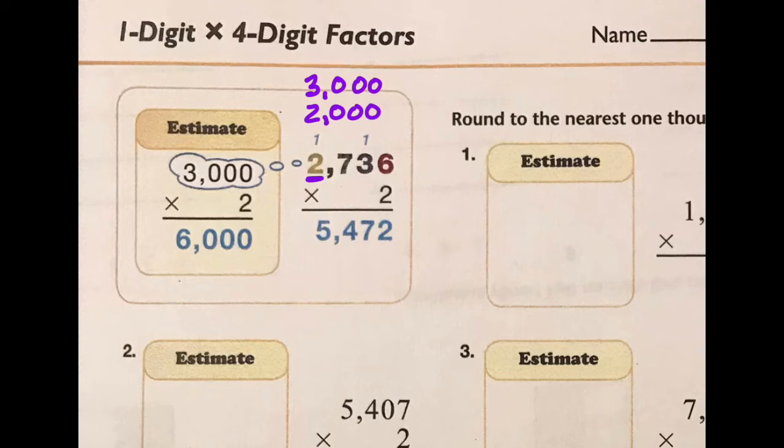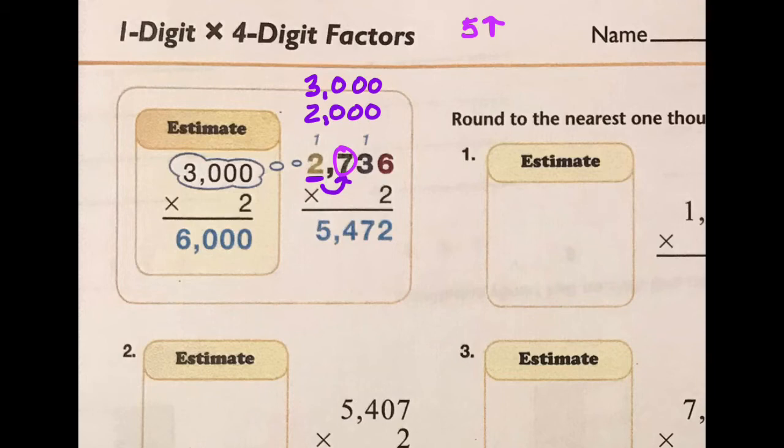Do you remember? You're right. We have to look at the number next to it. All right, so what is the rule about estimating? Do you remember? All right, well, if it is 5 or up, then we raise it up. Okay, so let's take a look. We have a 7.